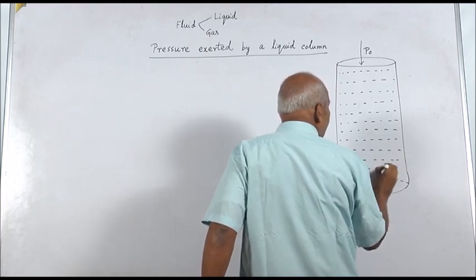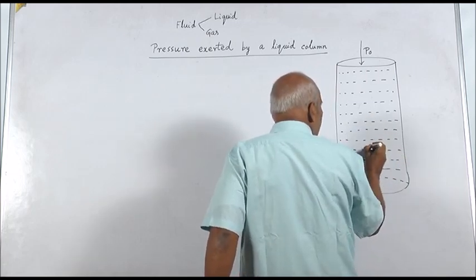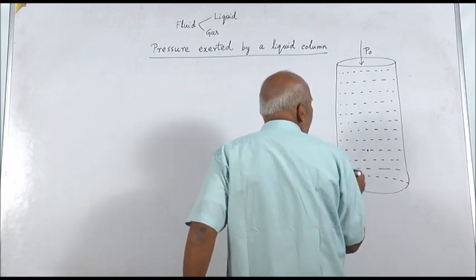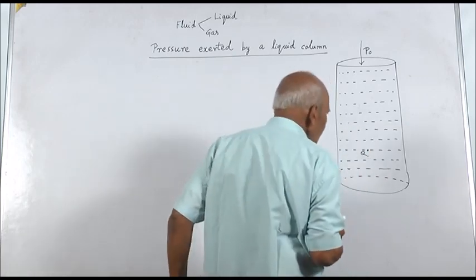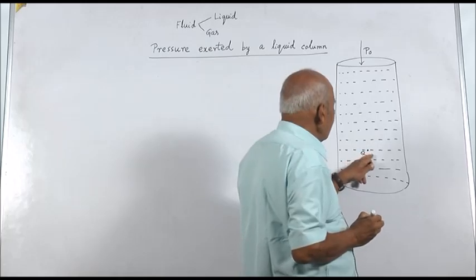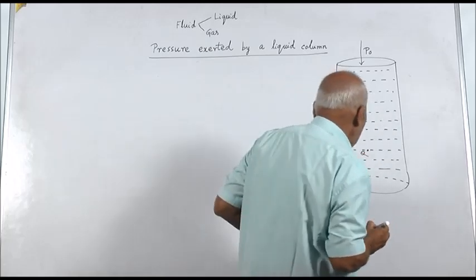Our intention is to find the pressure at some point, say Q. Q is a point inside the container.